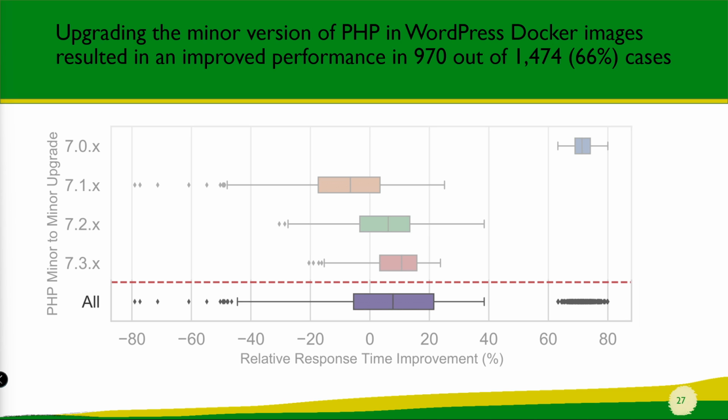Our findings show that upgrading the minor version of the PHP in WordPress Docker images results in an improved performance in 66% of the cases out of 1,474 cases. Also, we observed that doing a minor to minor upgrade is 58% more likely to result in performance improvement than a patch to patch one. The Mann-Whitney U test confirms this difference as well.